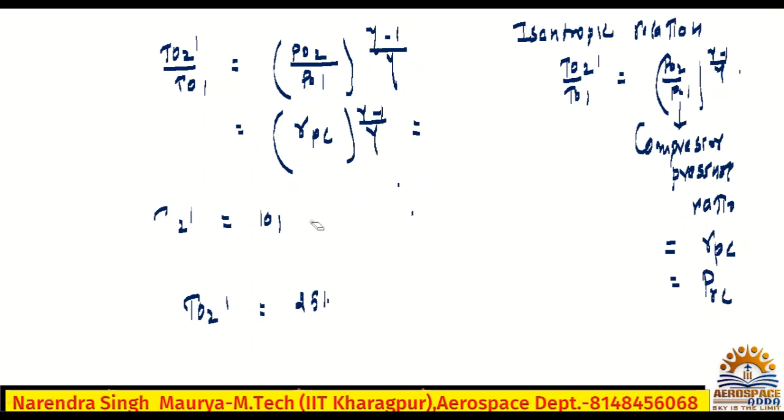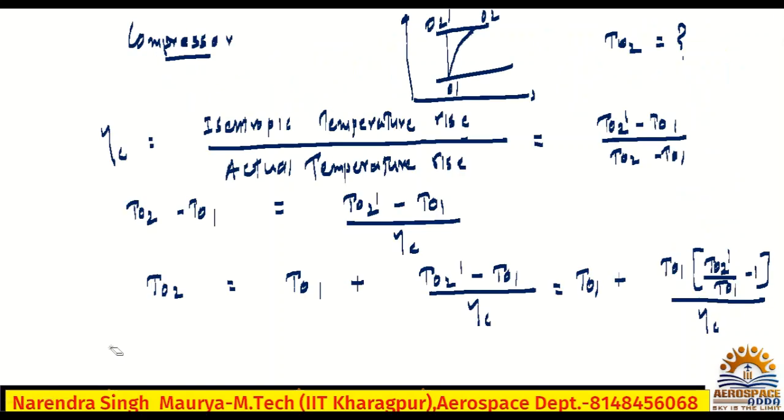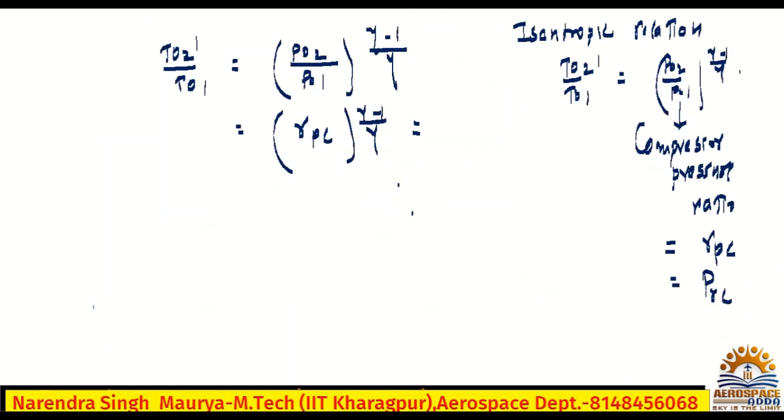Sorry, this is not required, because we need to calculate T naught 2, not T naught 2 dash. For the calculation of T naught 2, we need T naught 2 dash by T naught 1, hence we need to calculate only that ratio.